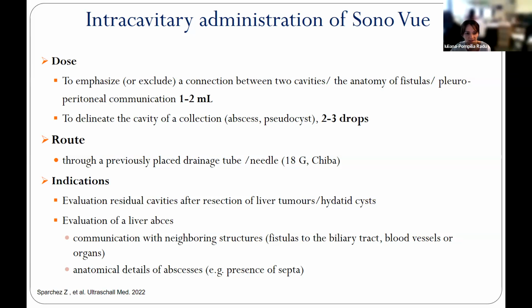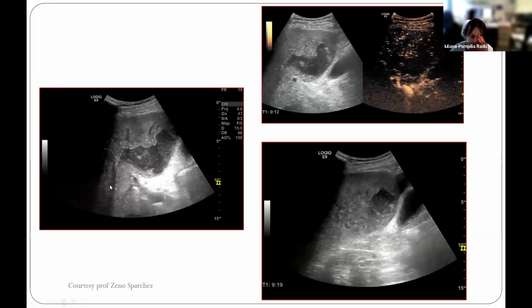How is it administered? Via a drainage, and we use it to evaluate the residual cavities after resection, to evaluate a liver abscess, to see communication with neighboring structures or anatomical details of the abscess. So here we have an abscess.